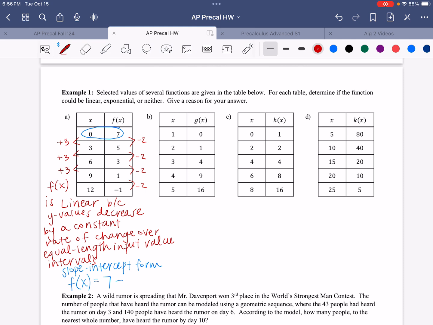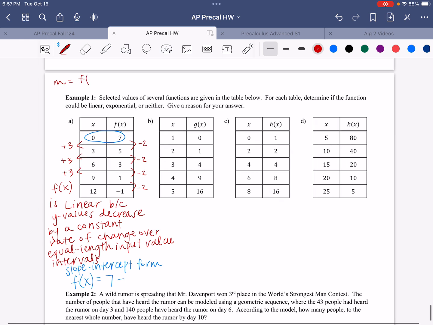So we would really need to do a difference quotient here, picking 2 of these points. Let's take it back to unit 1 and say I'm going to pick the x values of 0 and 3.